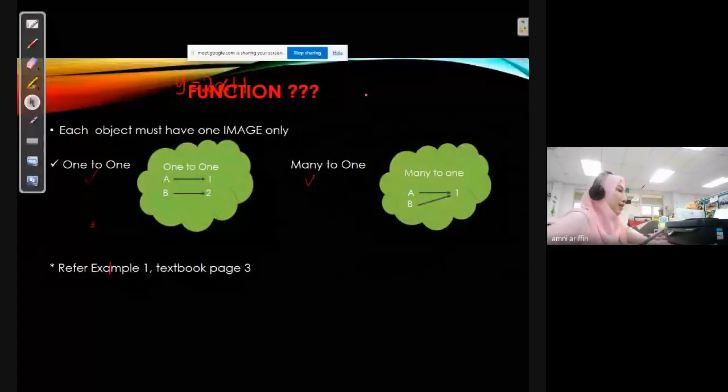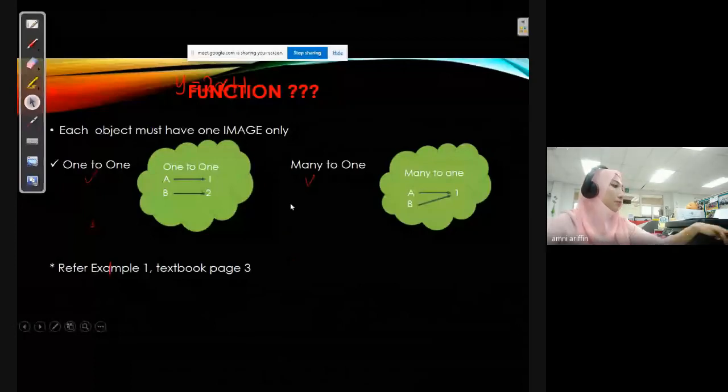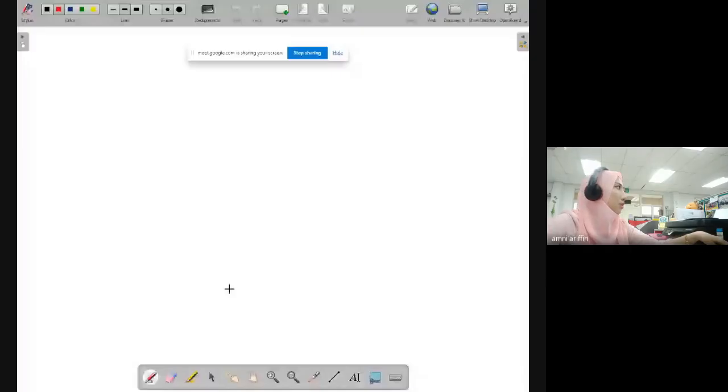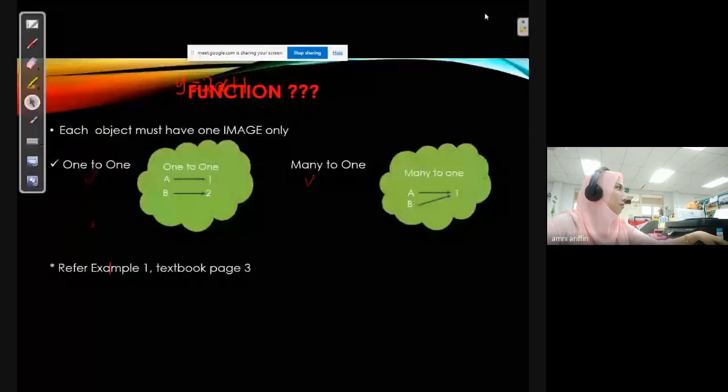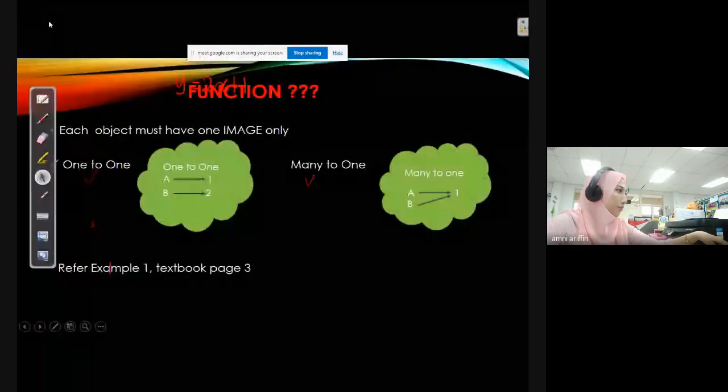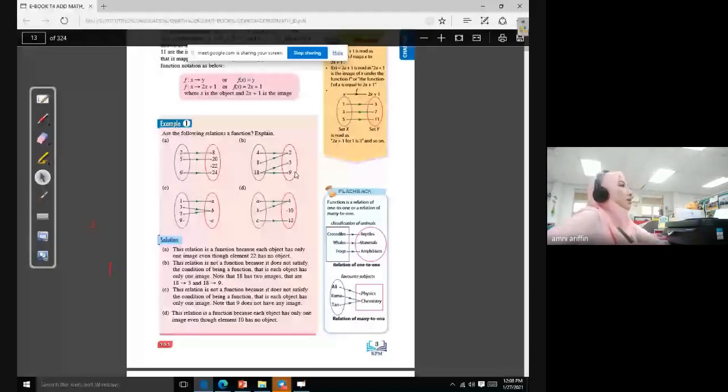Okay, kita boleh tengok refer example 1 textbook page 3. Example 1, are the following relations a function?